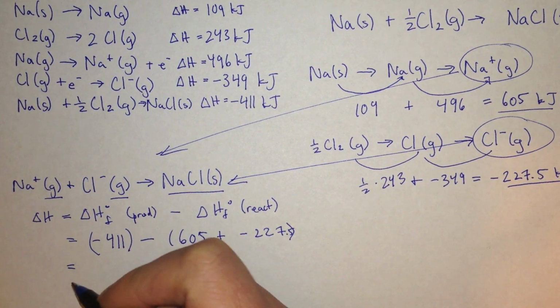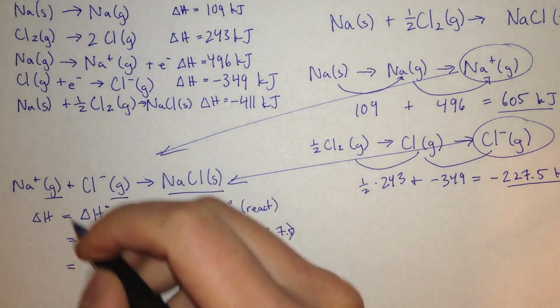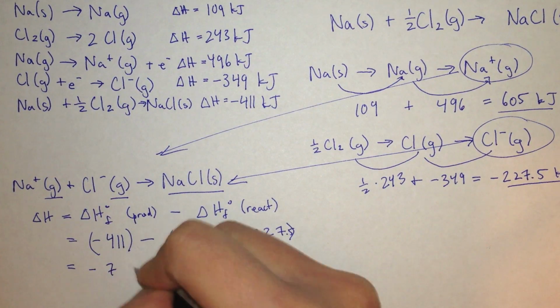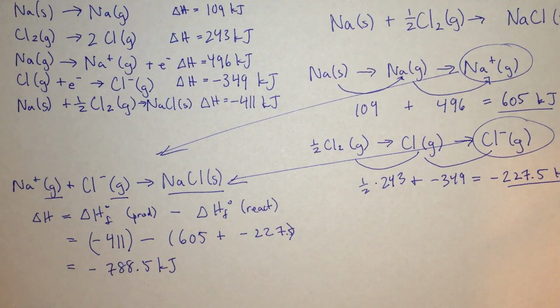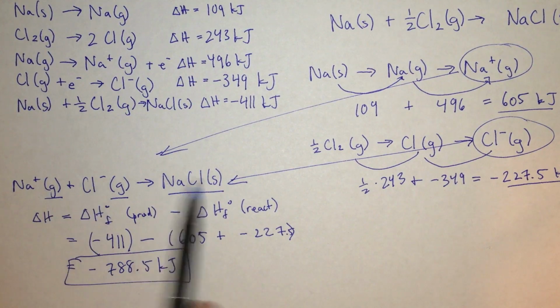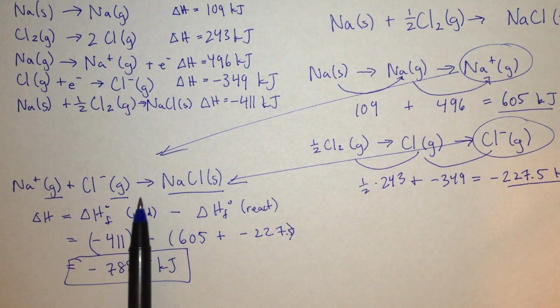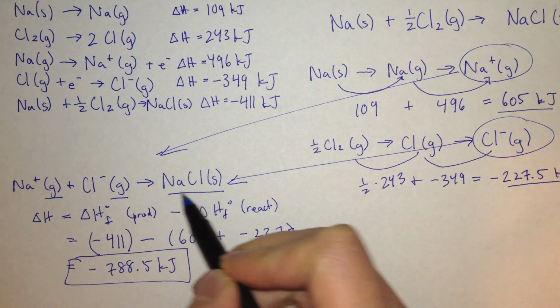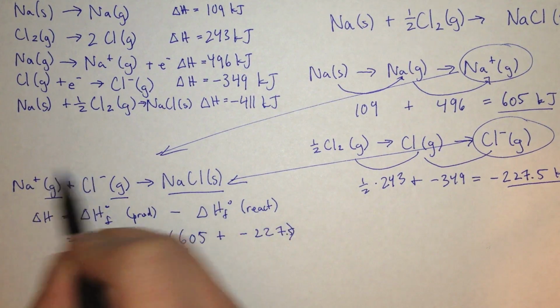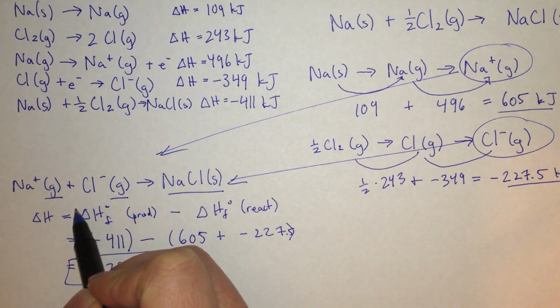And the result for this equation is negative 788.5 kilojoules. So this value, the heat of this equation, is also equal to the lattice energy, because this is the equation that creates the crystal lattice from the ions that are gaseous.